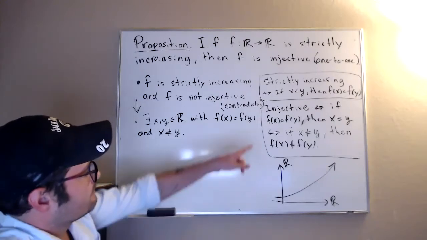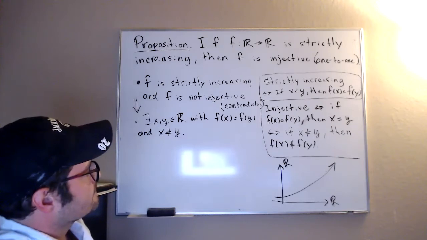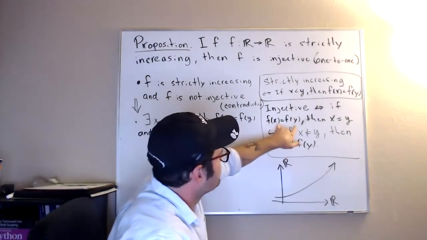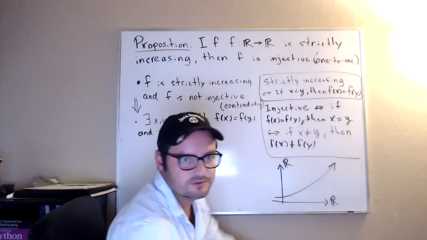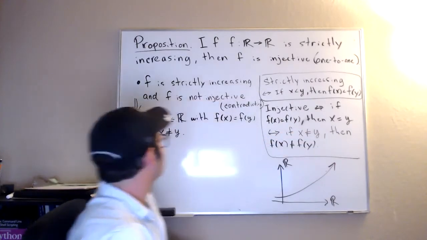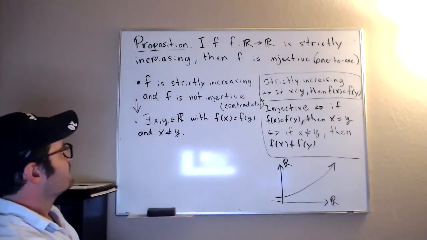Now you see that would negate that statement. The negation, again, is the hypothesis and not the conclusion. That's what it'll end up being. Right, so that's what we get here.